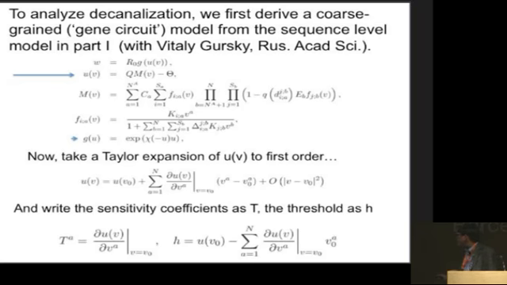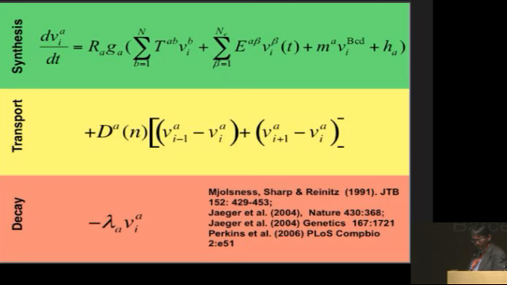If we collect together all the terms that involve V0, and we write them as H, that will be U of V0 minus these first derivatives of U with respect to V. And then we can write these sensitivity coefficients here that don't depend on V0 as T. And actually, if you do that, that approximation gives a model that we've been working with for a long time.